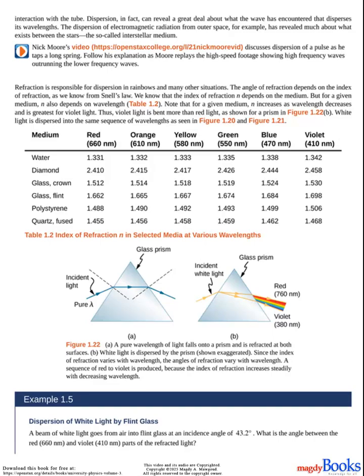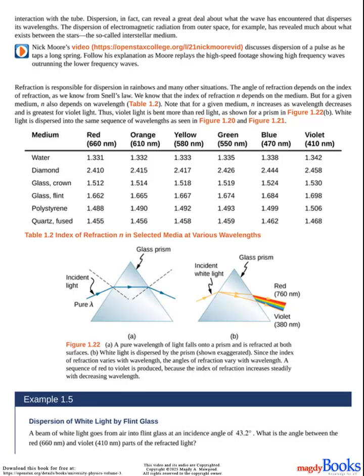Water: red, 1.331; orange, 1.332; yellow, 1.333; green, 1.335; blue, 1.338; violet, 1.342. 2. Diamond: red, 2.41; orange, 2.415; yellow, 2.417; green, 2.426; blue, 2.444; violet, 2.458.